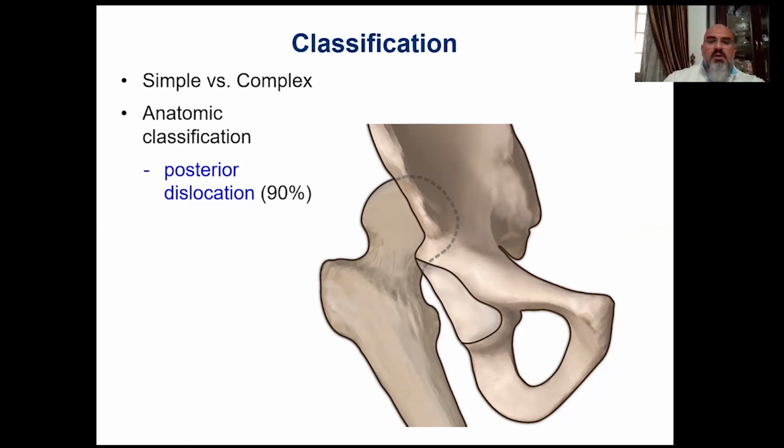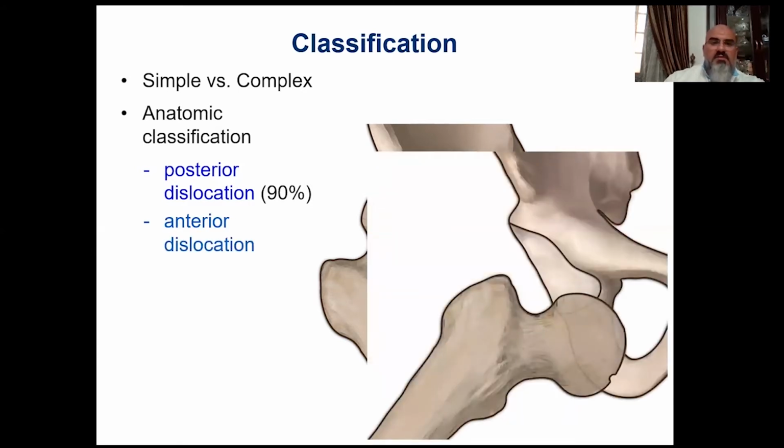The other type of the dislocation, according to the anatomic classification, is the anterior dislocation. In the anterior dislocation, the head is pushed medial or inferior to the acetabulum when the impact occurred on the hip while the hip is in external rotation and abduction.